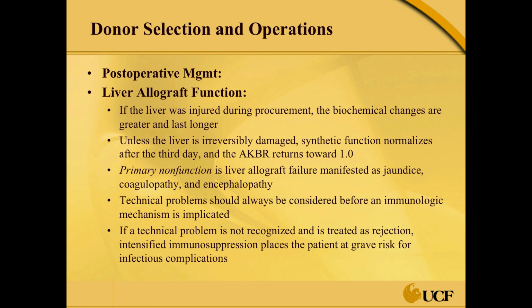Okay? So again, that is something else that is a good indicator of how well the patient is functioning status post procedure. That's another very sensitive lab value that we can look at. Primary non-function is liver allograft failure manifested as jaundice, coagulopathy, and encephalopathy.